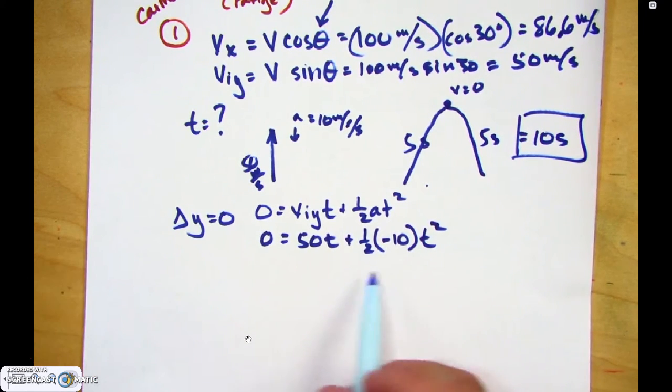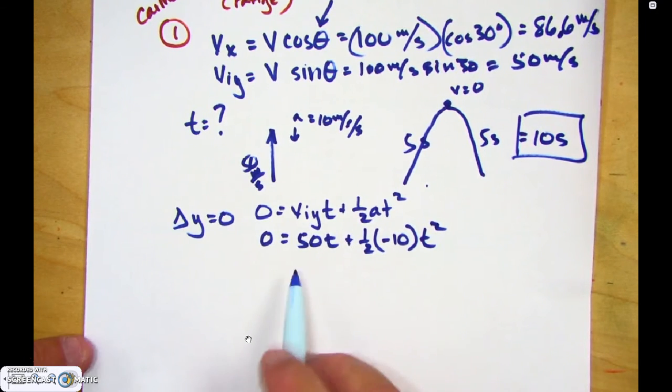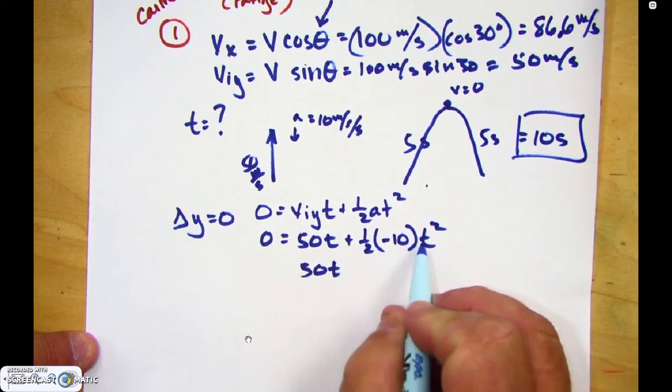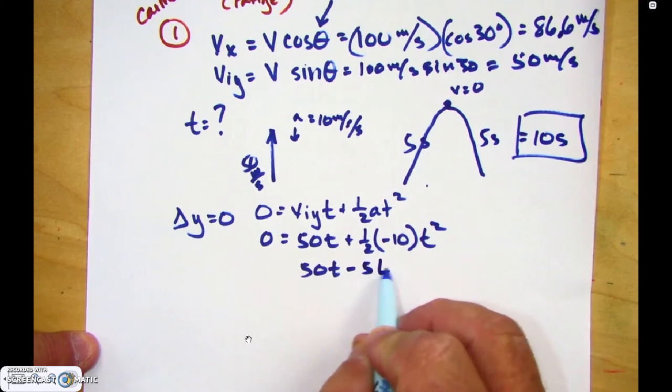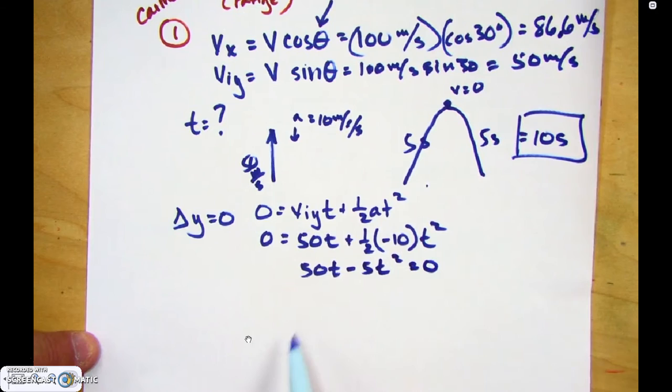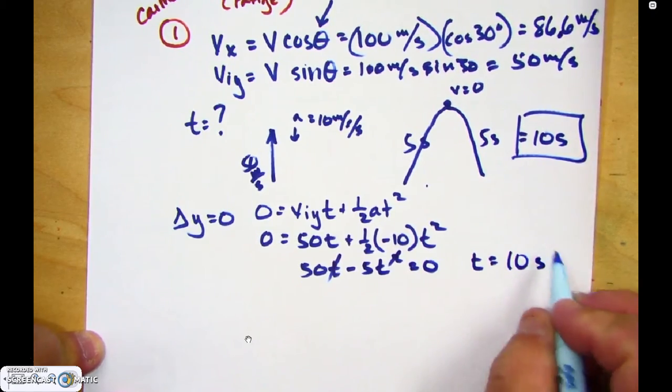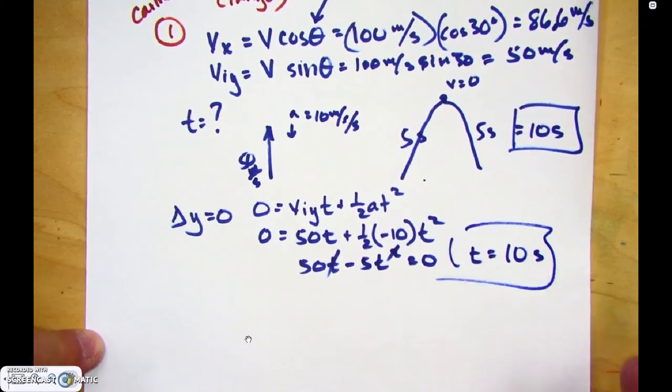Here's a case where dropping the units makes it easier because then it looks like an Algebra 1 equation. So I get 50t minus 5t squared is equal to 0. Cancel out one of your t's. I get that t is equal to 10 seconds, which you already knew.